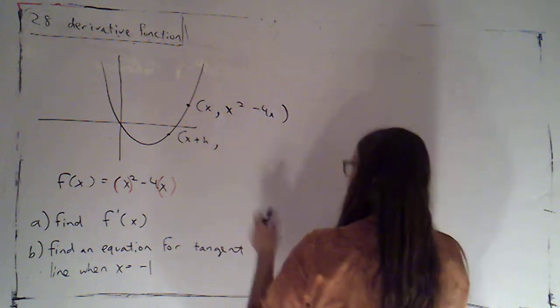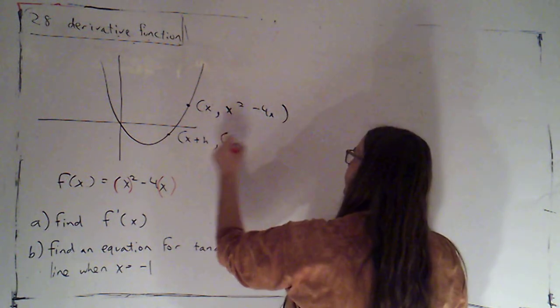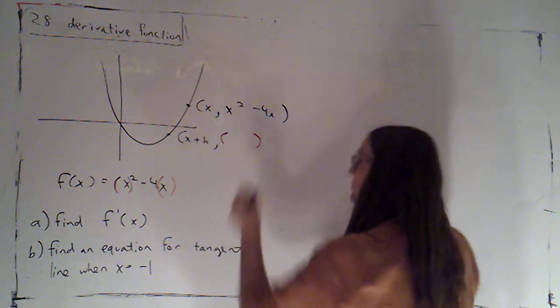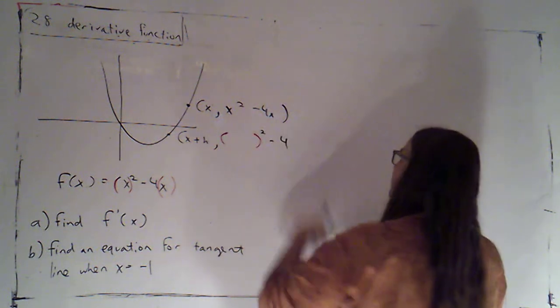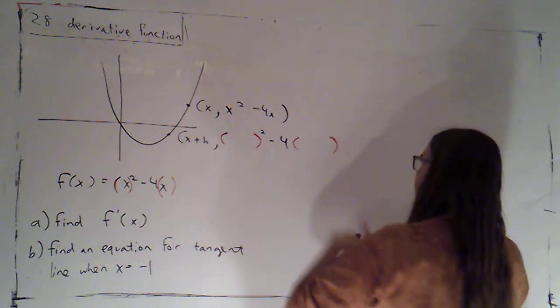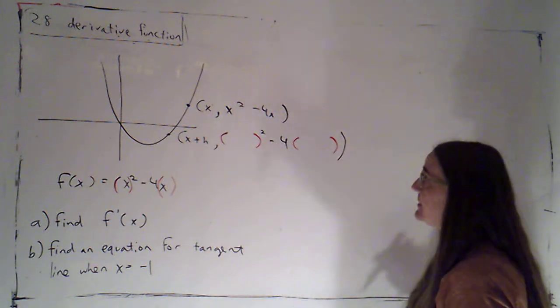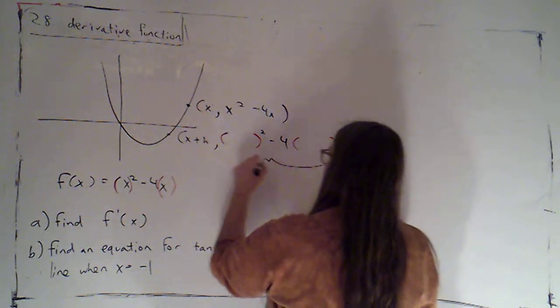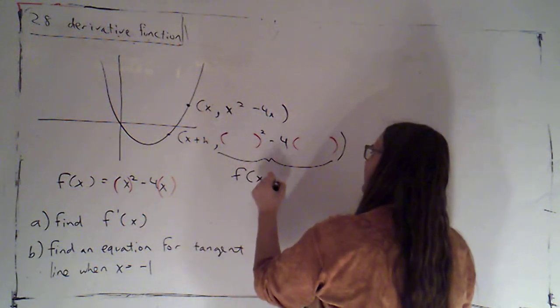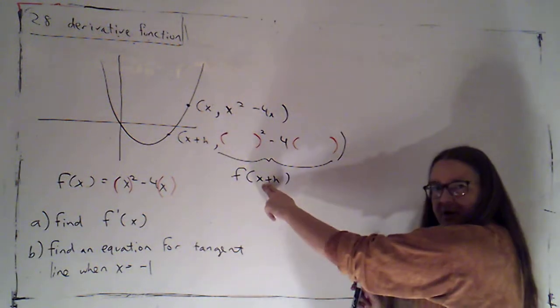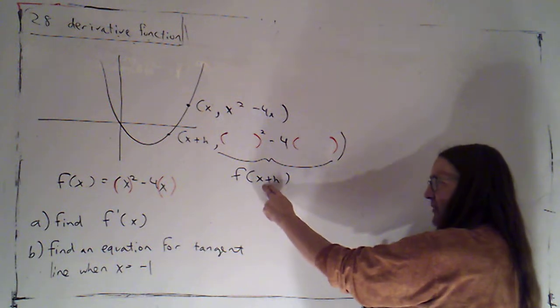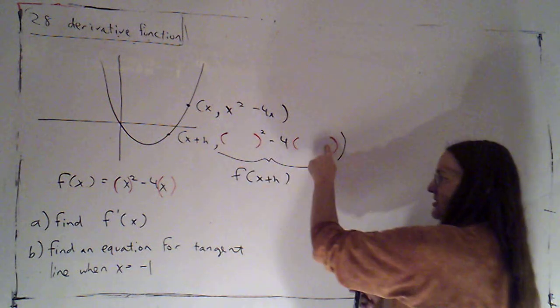So I can say that my formula for f of x plus h is going to be my input squared minus 4 times my input. But what's my input when I'm looking at f of x plus h? Well, the input is what goes in parentheses. So whatever goes in these parentheses goes in these parentheses too.